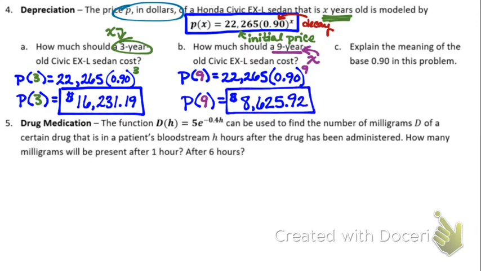All right, last piece of this question. Explain the meaning of the base, 0.90, in this problem. So the meaning of that base, the car retains or keeps 90% of its value each year.